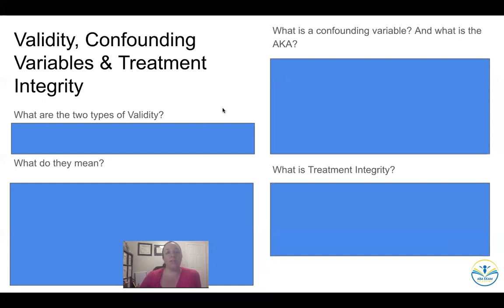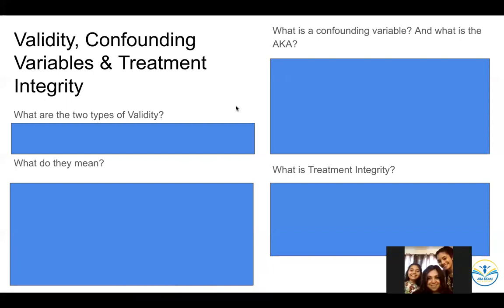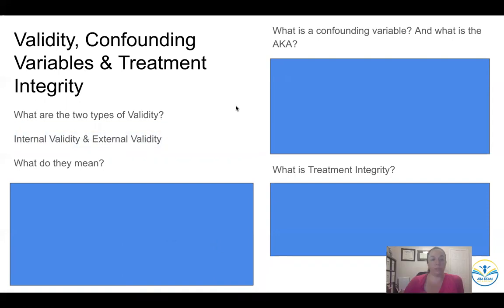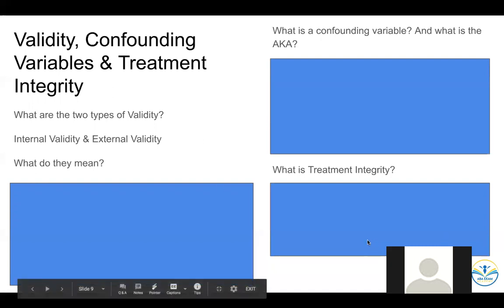What are the 2 types of validity? Internal and external. Good. Internal validity and external validity. And then what do they mean? Someone give me one for internal validity and someone else give me another one for external, if you know it. Does anyone know the difference? So the internal validity is the one that involves the independent variable.